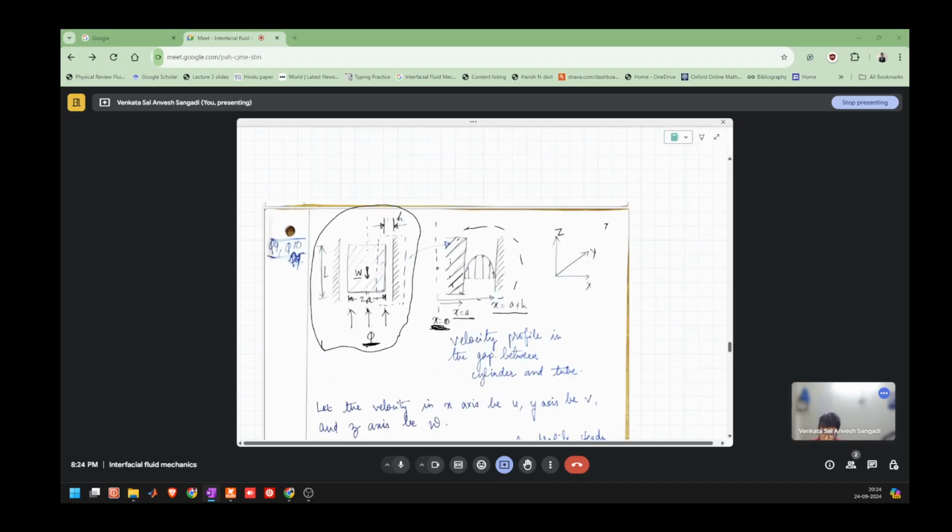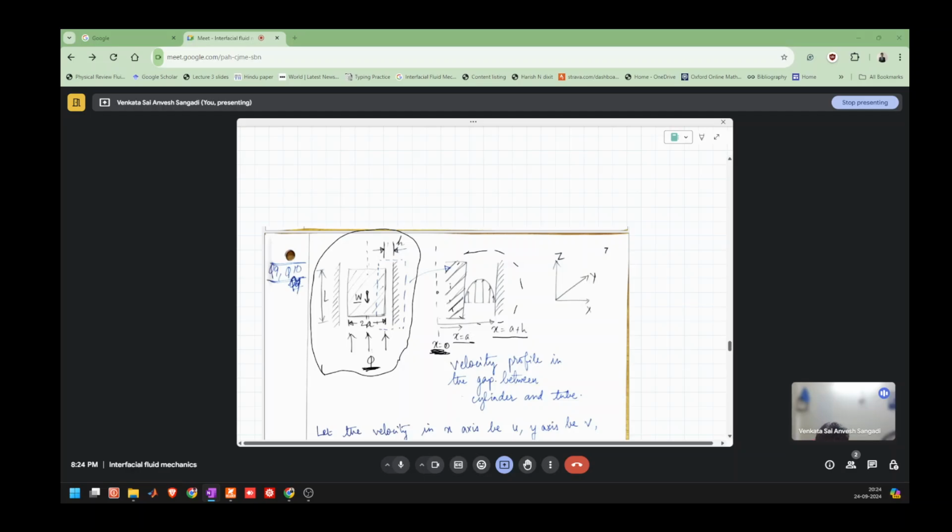This was the last time we had basically taken the center from the wall of the cylinder. But such an analysis gives an incorrect solution, because if we take the center from here, the distance of the wall from one side will be h and on the other side it will be h plus 2a.